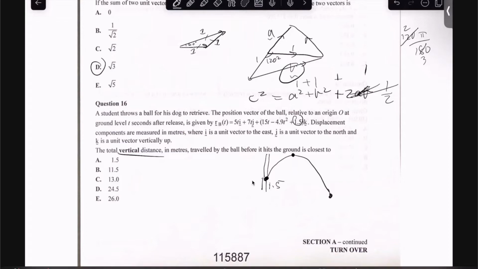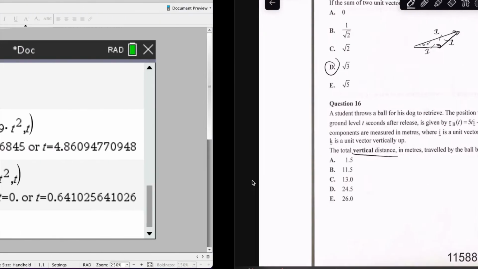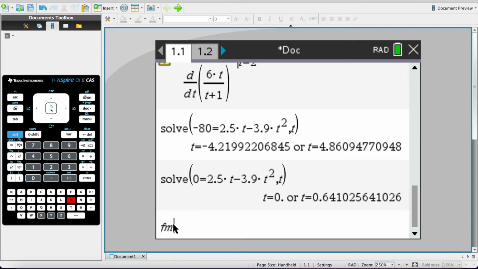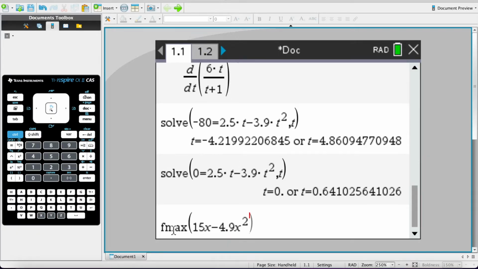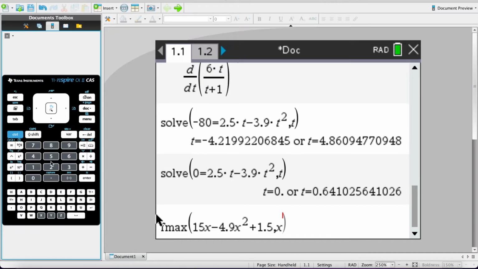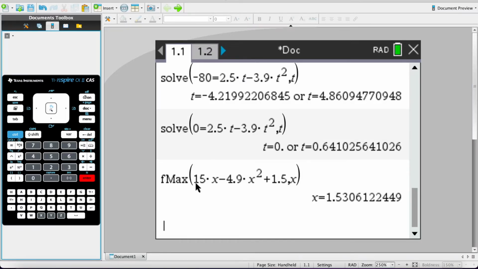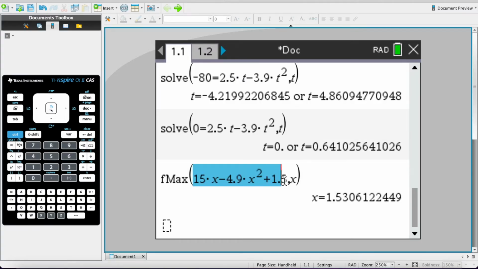So let me just do f max of that function, 15x minus 4.9x squared plus 1.5, comma x, and that's that. So I just need to figure out what that is.